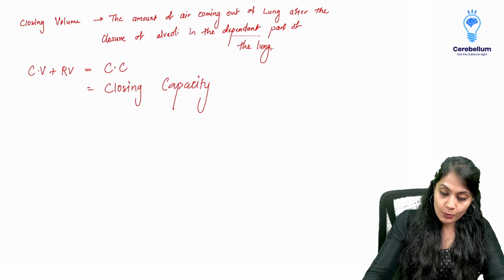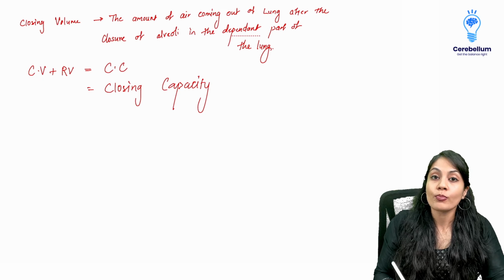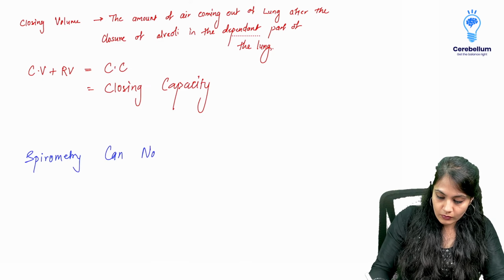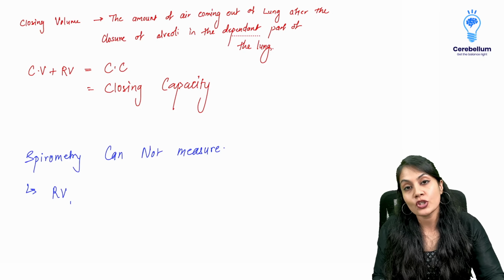So write down the next point. What are the volumes and capacities which cannot be measured by spirometry? Spirometry cannot measure the following things. First, we saw that RV. And what are the capacities in which RV comes?